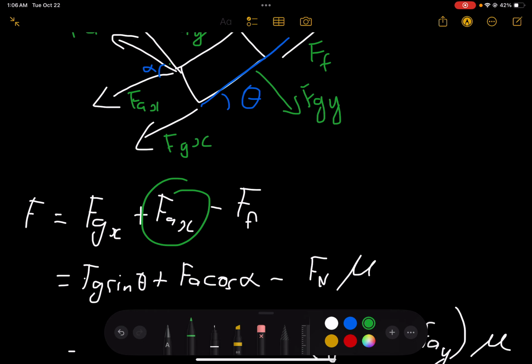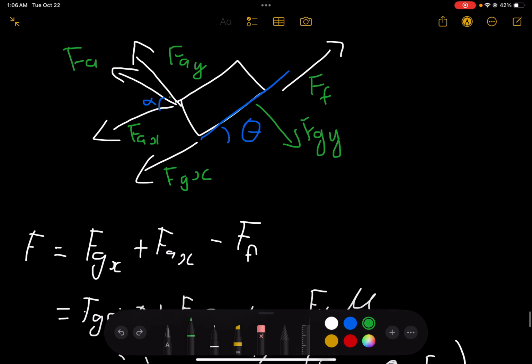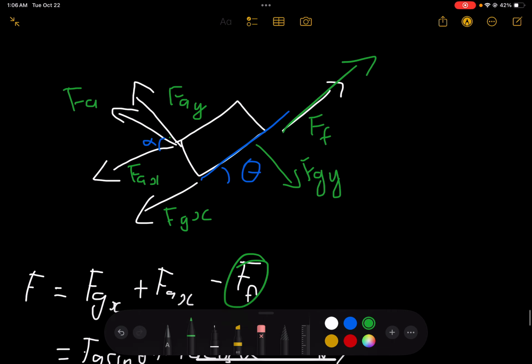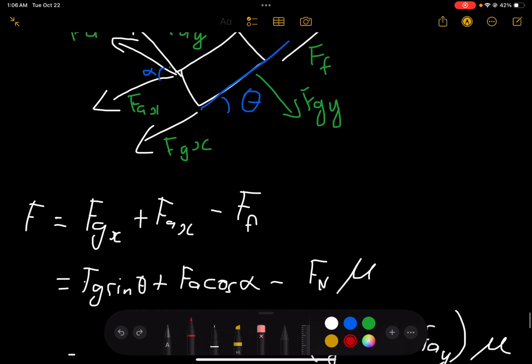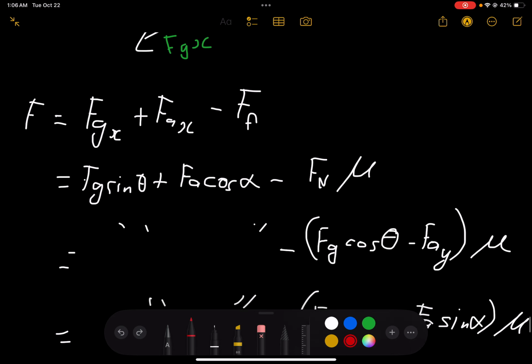I also have Fax, this one, pulling towards the left. Then I have the force of friction pulling to the right, like this, okay? And that's why force of friction is negative, because it's going the opposite direction. And so this is all the forces that are acting on the block, okay?